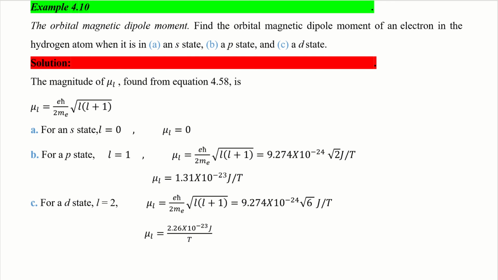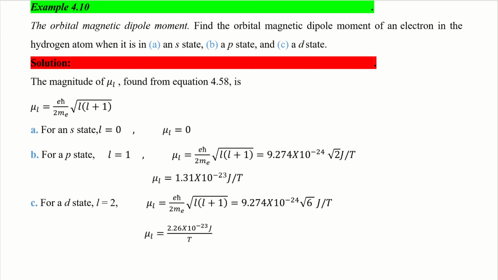We have an example about orbital magnetic dipole moment. Find the orbital magnetic dipole moment of an electron in the hydrogen atom when it is in A, an S state, B, a P state, and C, a D state.